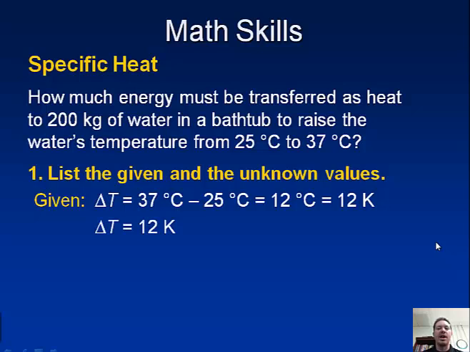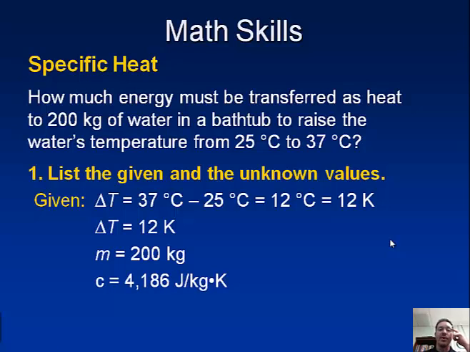So our change in Kelvin is 12 K. It's just the degree differences between these. So instead of converting these to Kelvin first, the difference between these is 12. So our change in temperature is 12 K. Our mass is 200 kilograms. Specific heat from our table is 4,186.